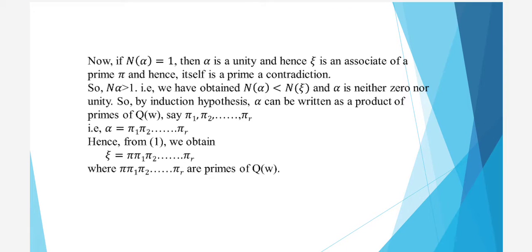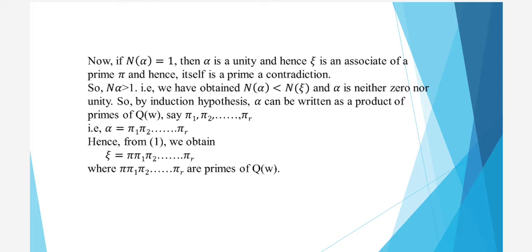Now, if N(α) = 1, then α is a unity and hence ξ is an associate of a prime π, and hence ξ itself is a prime, a contradiction. So N(α) > 1, that is we have obtained N(α) < N(ξ), and α is neither 0 nor unity.